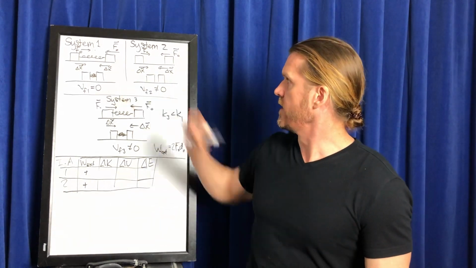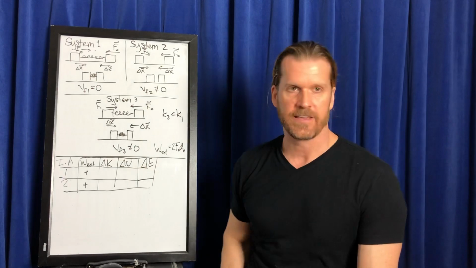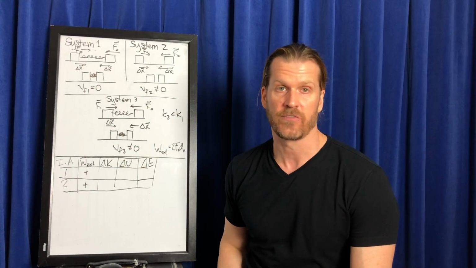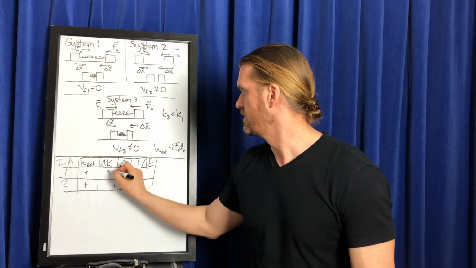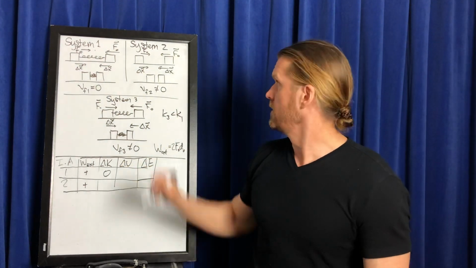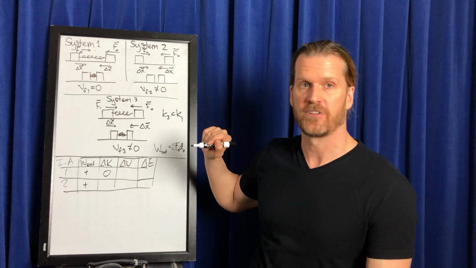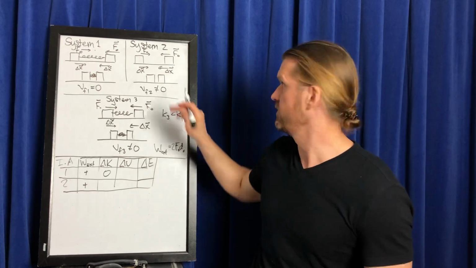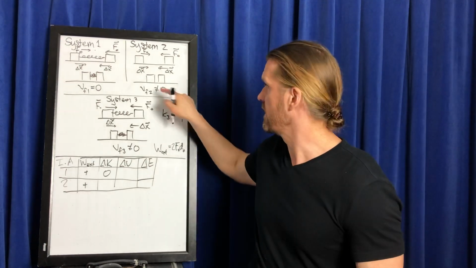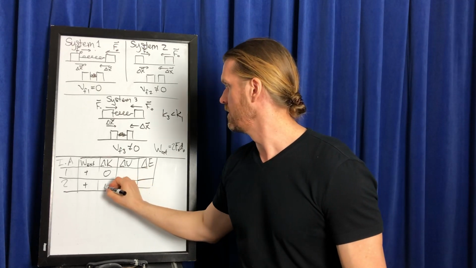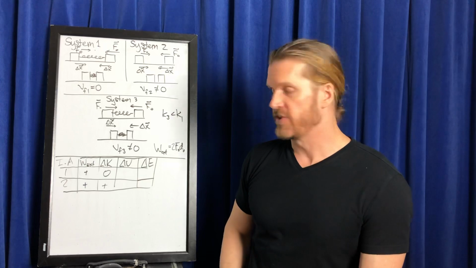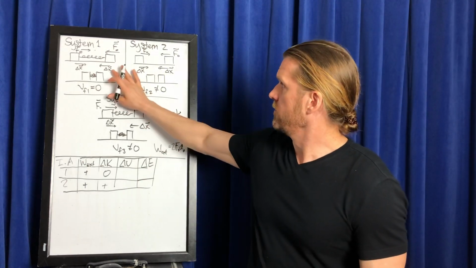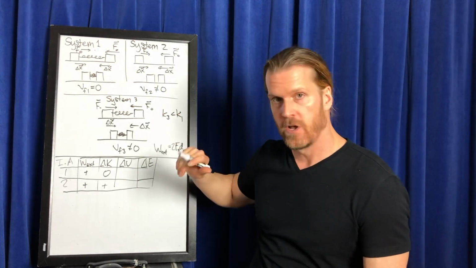Now for system 1, the kinetic energy does not change. The blocks start out stationary and they end up stationary. For system 2, that change in kinetic energy is positive. The blocks start out stationary and they end up with some final speed. The change in potential energy for system 1 is positive.